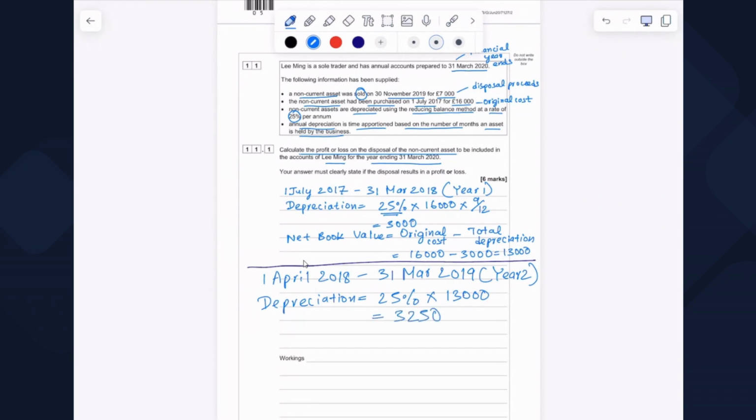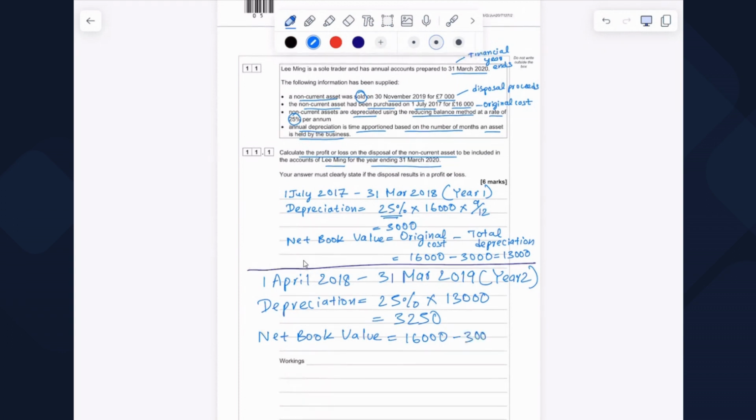Once we have that number, we can derive the net book value again, which is the same formula as original cost minus the total depreciation. Now, the original cost is 16,000 to begin with. Total depreciation is £3,000 from year one, and then again £3,250 from year two.